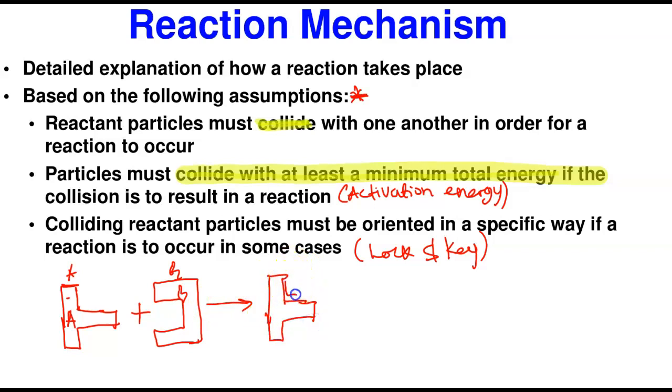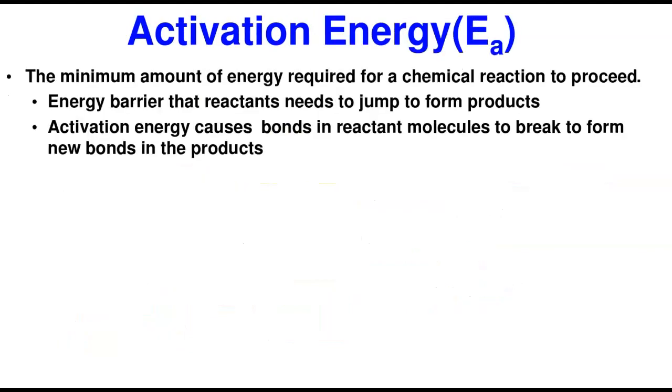They're going to fit perfectly into each other this way for them to form the product. That means this orientation must be perfect. If these three factors are not met, the product of the reaction cannot be formed.